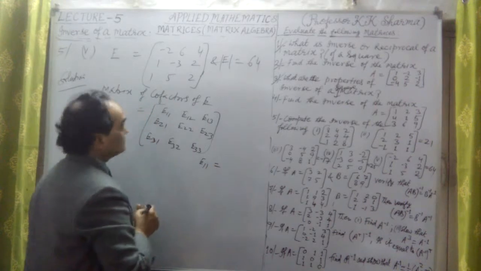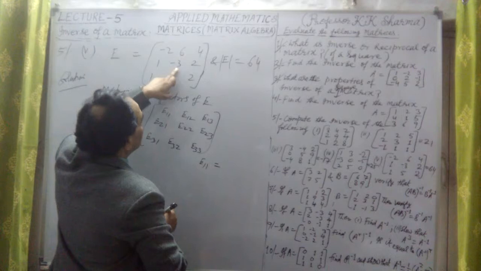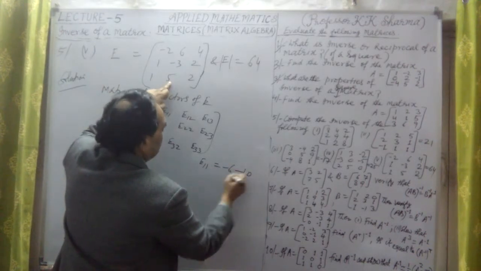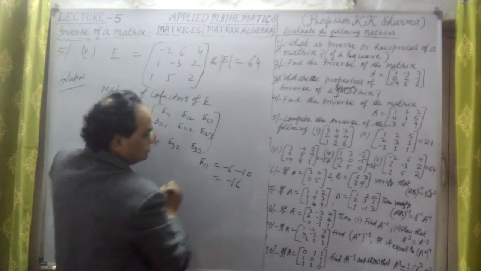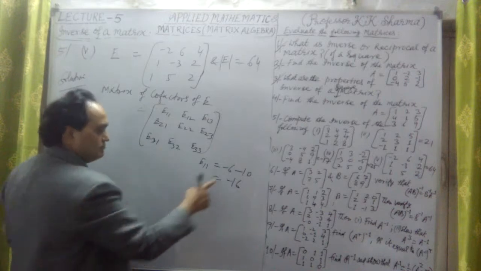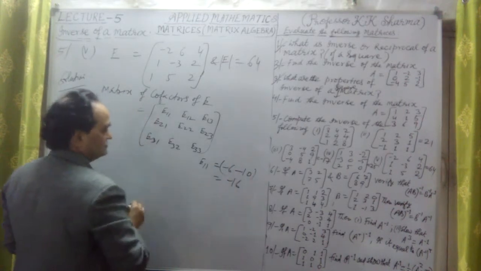E11 we have to calculate, of minus 2. The cofactor of minus 2 is 3 times 6, minus 6 here, minus 10, it is minus 16. It is positive because 1 plus 1 is 2, so the same value, minus 16.